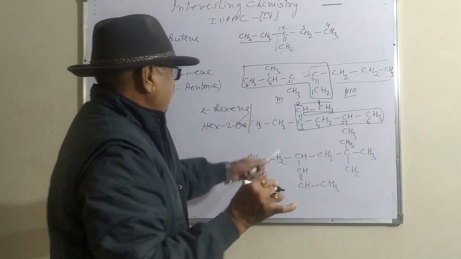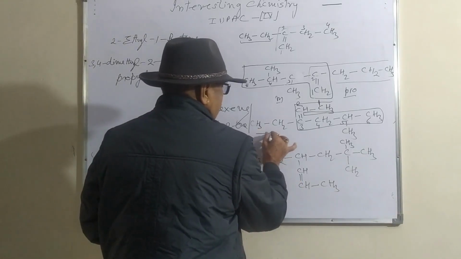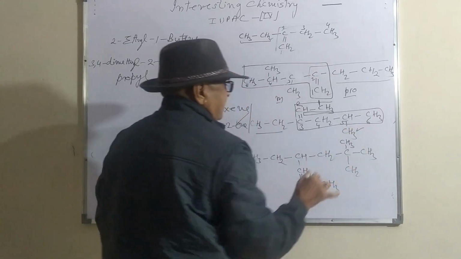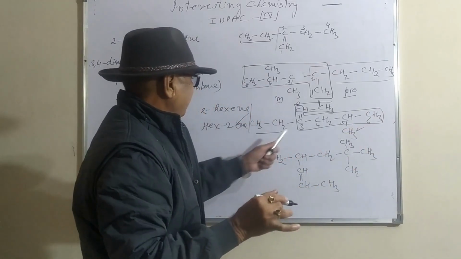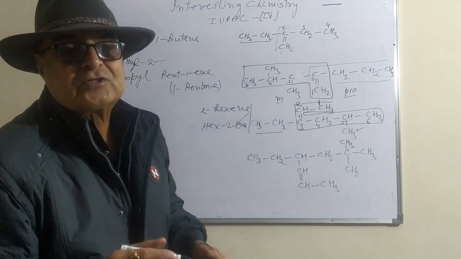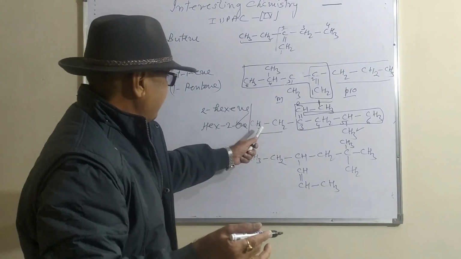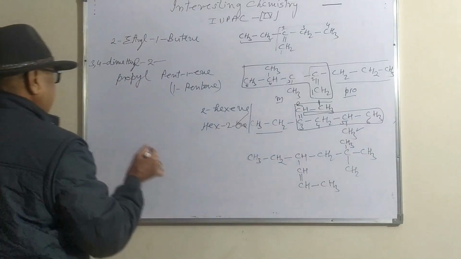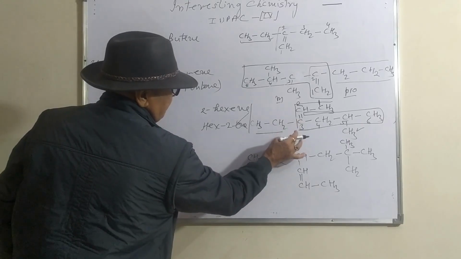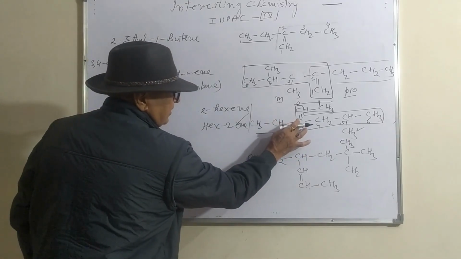But here you will see that there are two substituent groups. One is methyl and one is ethyl. Which one comes first in alphabetical order? Ethyl comes first. So you will write 3 ethyl, because it is attached to the third carbon.